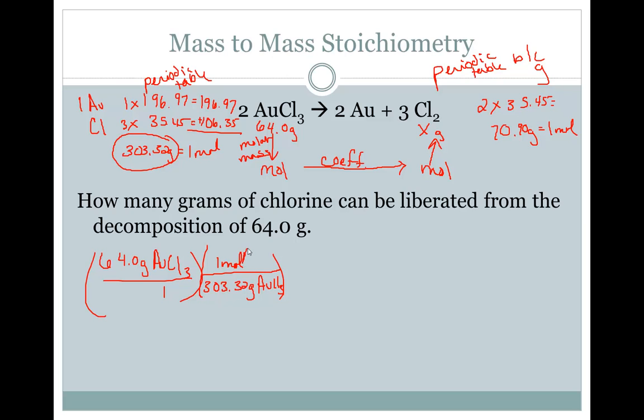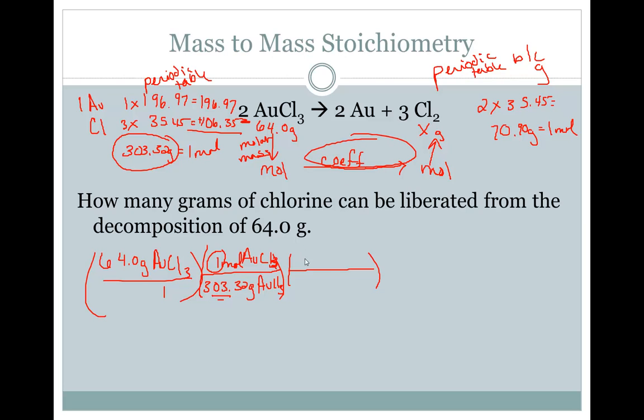Notice that even though it's a coefficient of 2, when I use the molar mass, I only put a 1. This is the mass of only 1 mole. We use the coefficients when we use the horizontal line, and that's the only time you ever use the coefficients.